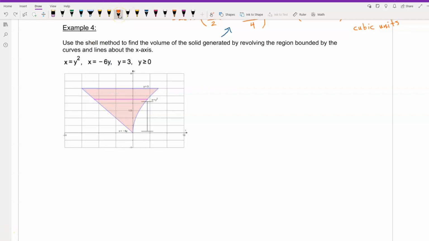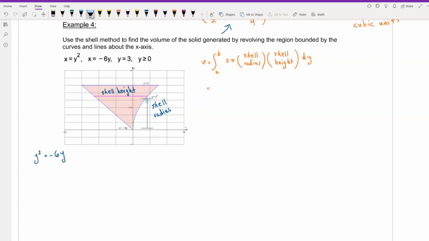So this one is revolving about the x-axis, and I have this horizontal line. So we assume that we have this horizontal line here, and based on that we can find the shell height and shell radius.